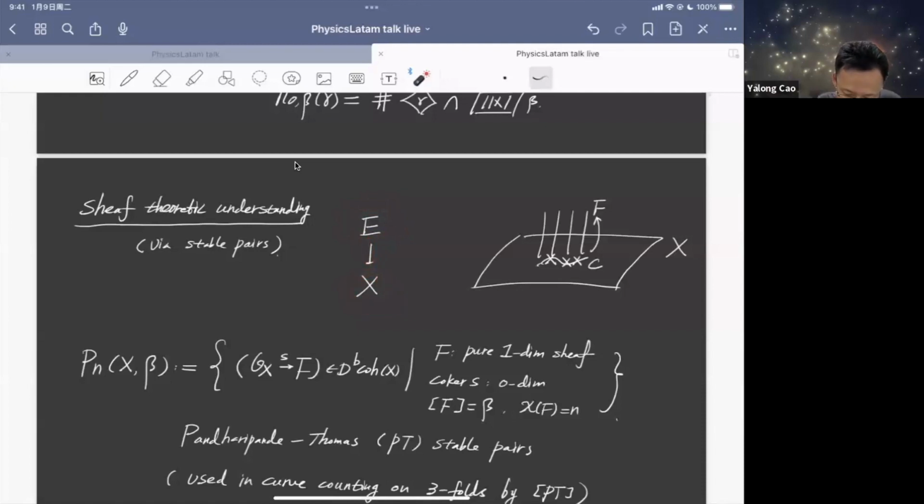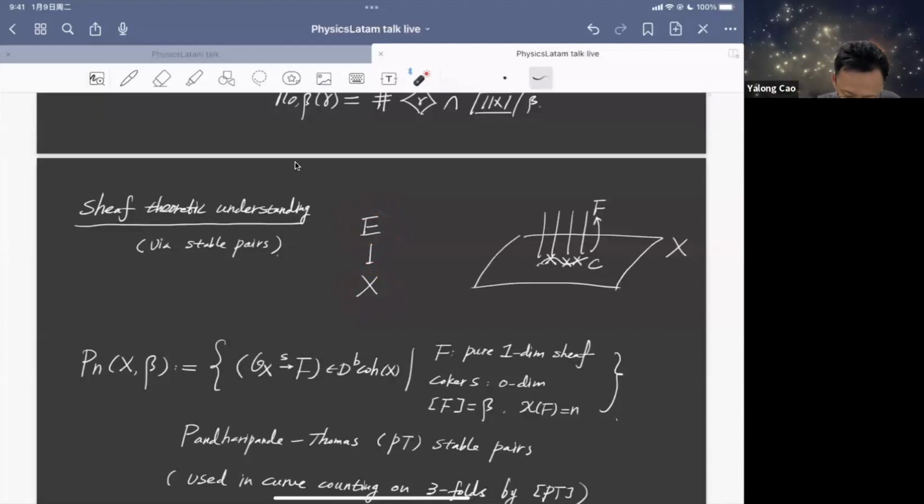So a so-called coherent sheaf is a degenerate case of vector bundle where some fibers of this vector space can jump dimensions. So fiberwise they can have different dimensions.